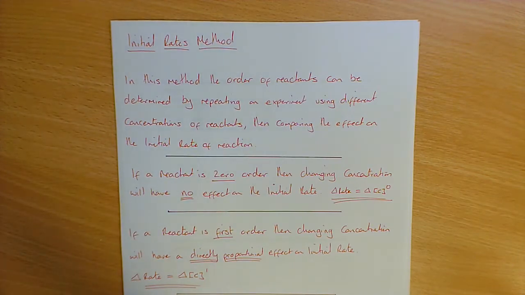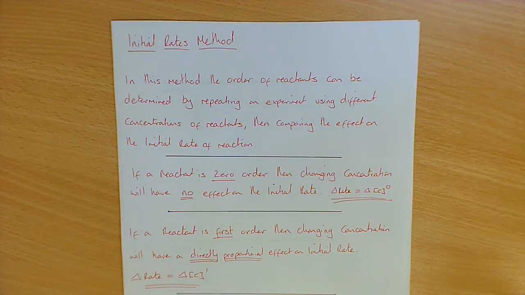Then you're able to compile a table showing the different concentrations that you've used and the initial rate of reaction. You'll be able to therefore see the effect of changing the concentration of your reactant on your initial rate, and therefore you can deduce whether it is zero, first or second order.